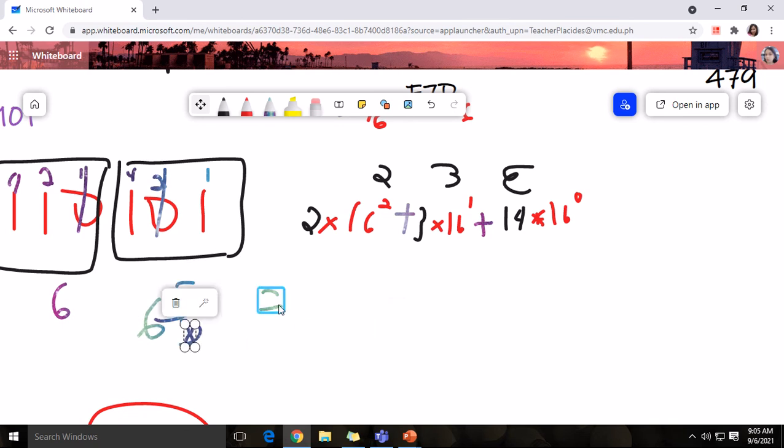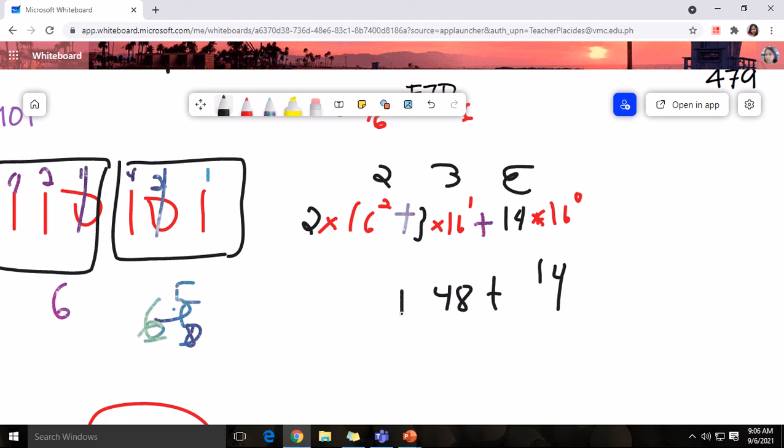So, 14 multiplied by 16 raised to 0, which is equivalent to 1. So, 14 times 1 is equal to 14. Plus 3 times 16 is equal to 48.